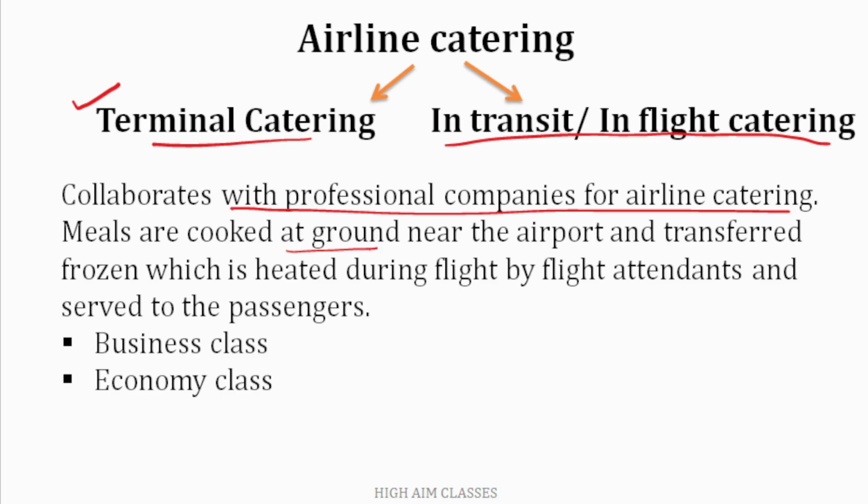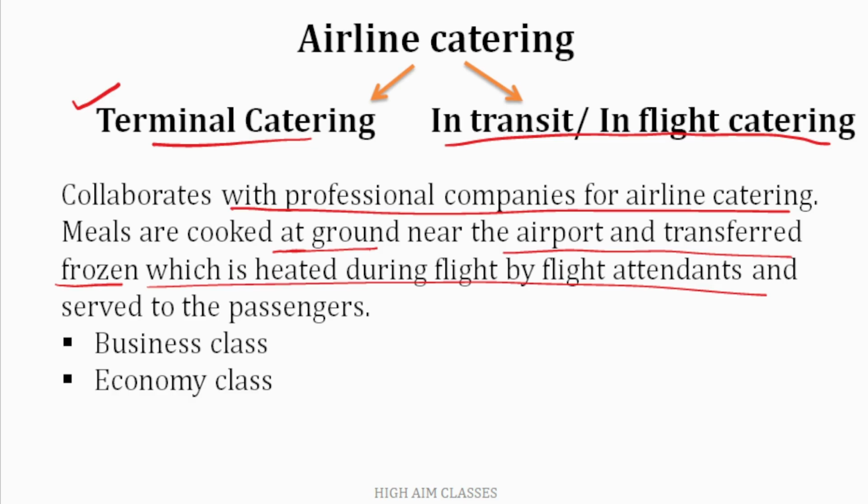So the food is cooked on the ground near the airport and transferred frozen. Usually the food is cooked and then frozen, and it is reheated during the flight by flight attendants and served to the passengers on their seats.